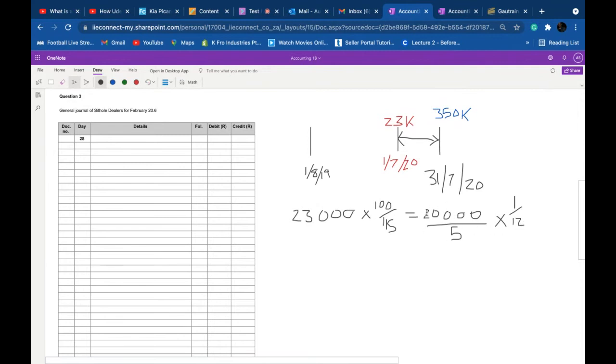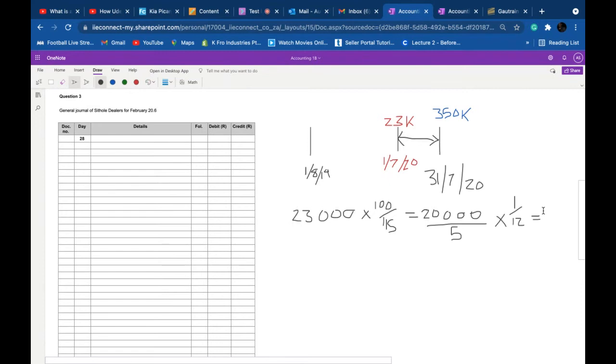Dividing by 5 here, we're already calculating how much depreciation for every one of these 5 years. Then times 1 over 12, we're now apportioning for that 1 month. So 20,000 divided by 5 is 4,000, then times 1 divided by 12.